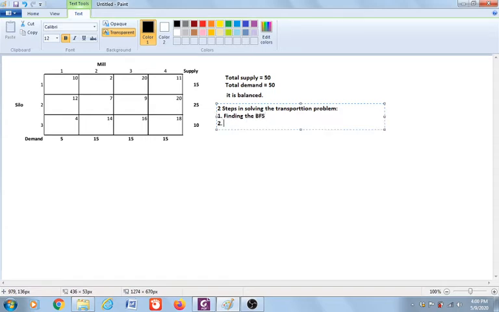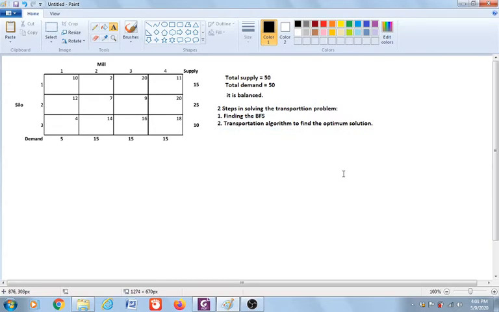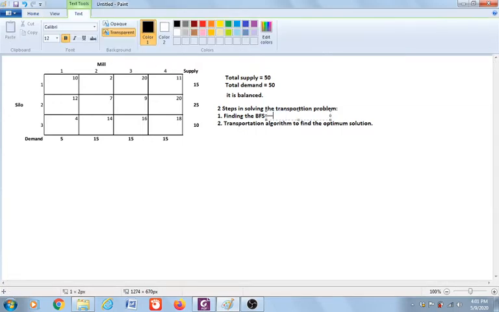And step 2, the transportation algorithm to find the optimum solution. In this class, to find the BFS, the method that I will use is the Vogel approximation method, or the VAM.